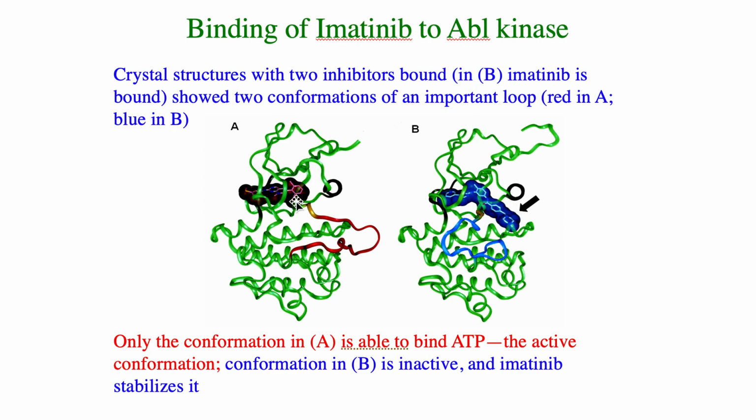So the kinase here, there's ATP bound. It needs to bind ATP in order to do the rest of its reaction. Imatinib binds in the active site and stabilizes the active site in a conformation so that it can't bind ATP anymore. So it's stabilizing an inactive conformation.